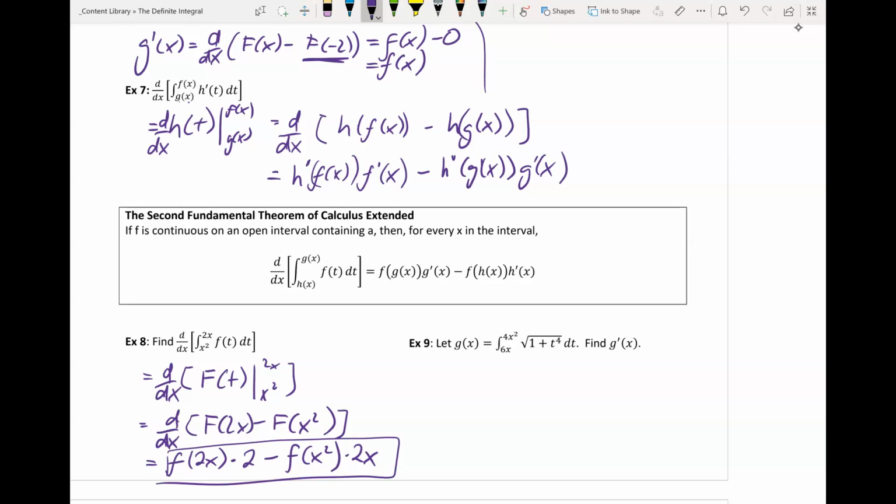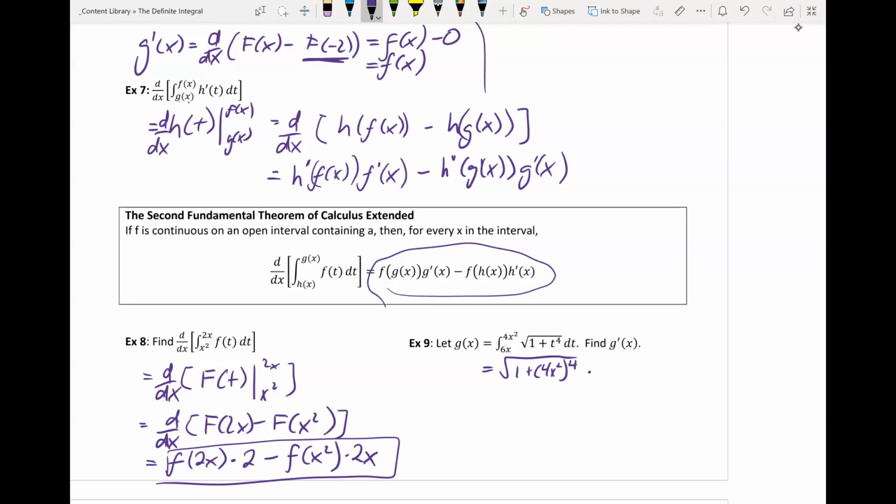For example 9, we're just going to use this right away. So f of g of x, our f is the root of 1 plus t to the power of 4. But I'm going to insert 4x squared in there, to the power of 4 from the original function.